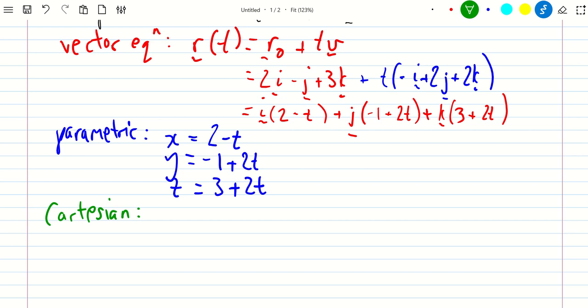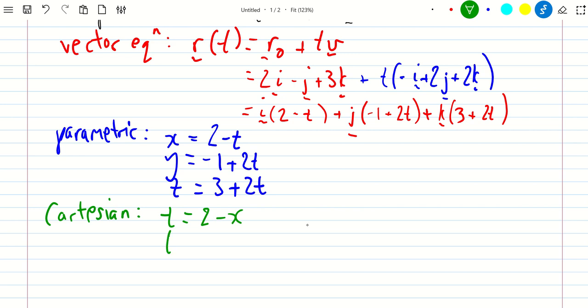For that first one, instead of x = 2 - t, I'm going to rewrite it: t = 2 - x. Sorry, I just don't want that arrow sitting there. But that's essentially what I'm doing. So t = 2 - x.